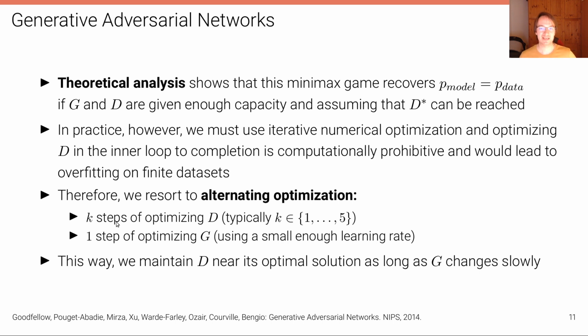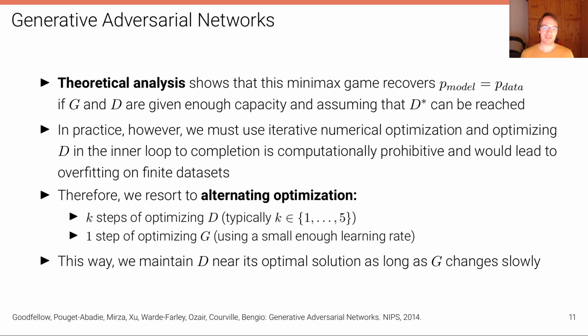Typically we do K steps of optimizing D, and then one step of optimizing G using a small enough learning rate. K is typically also small, between 1 and 5 steps. This is to balance the importance of the discriminator and the generator, and balancing the two is quite important in order for these models to converge or to not diverge.